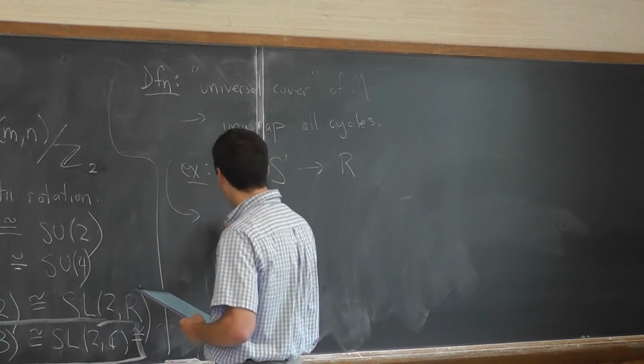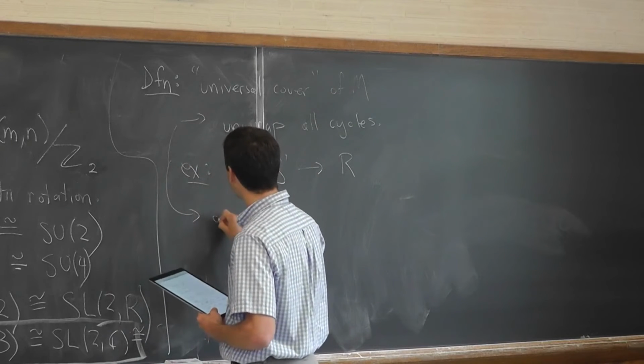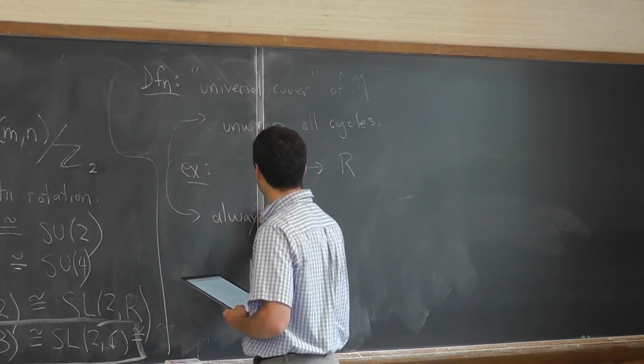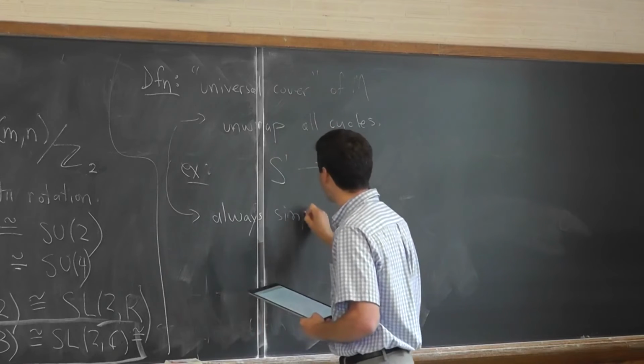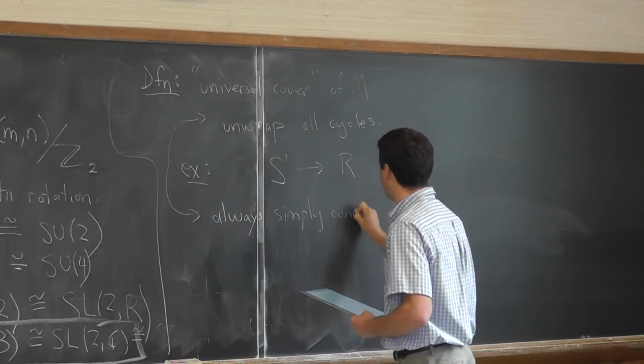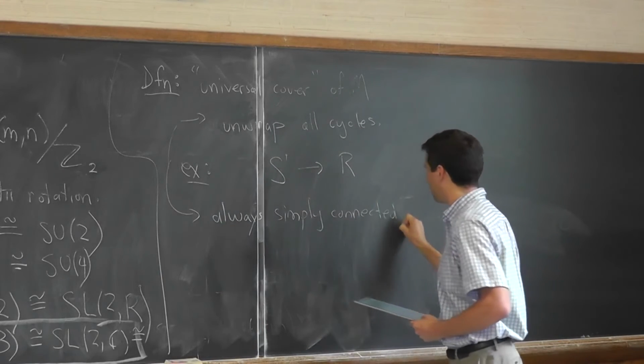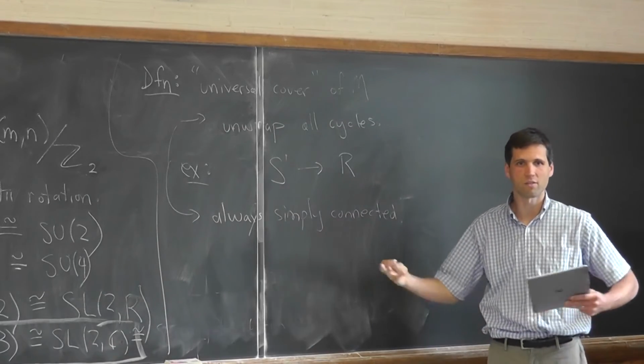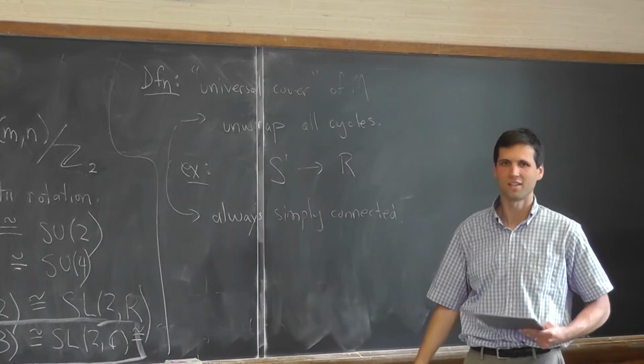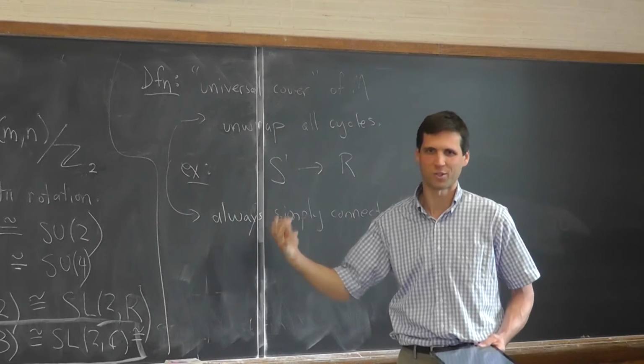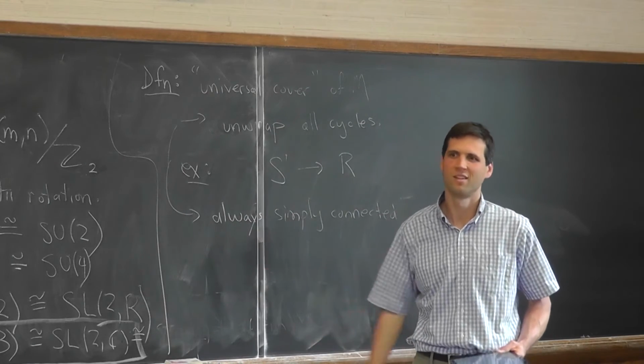From the definition, it's clear that universal covers are always simply connected. They don't have any non-trivial cycles. If they did, then you haven't finished yet. You have to keep unwrapping.